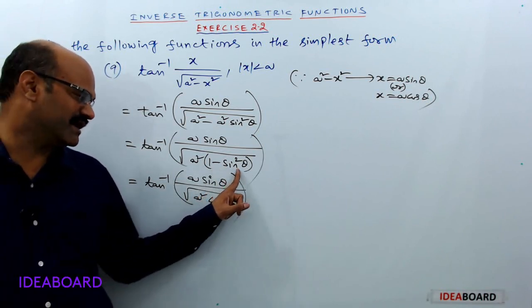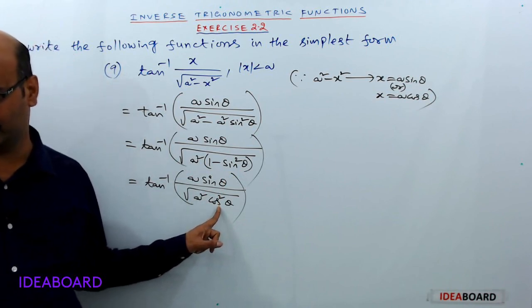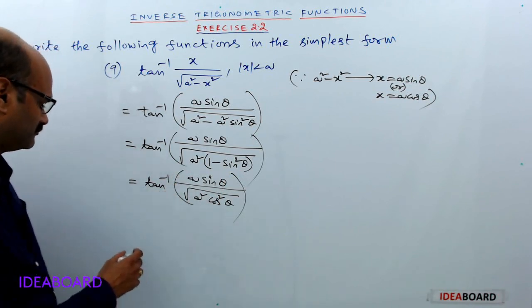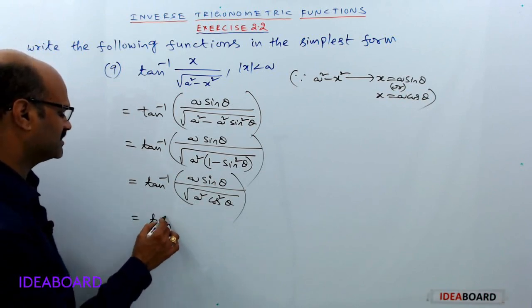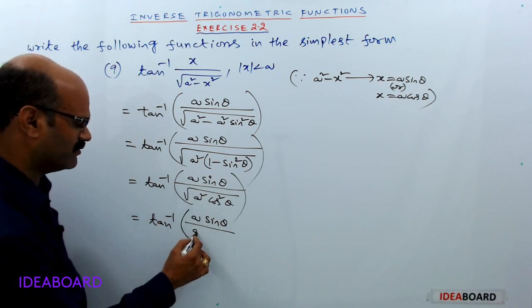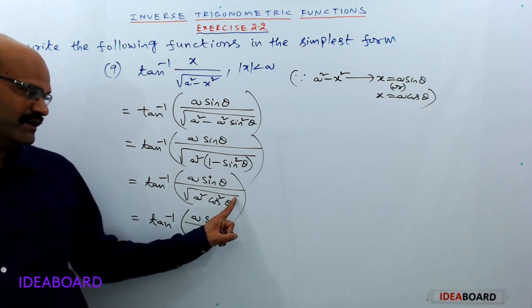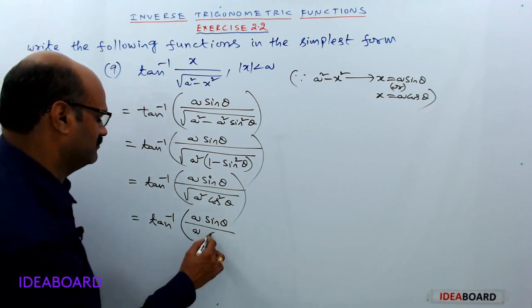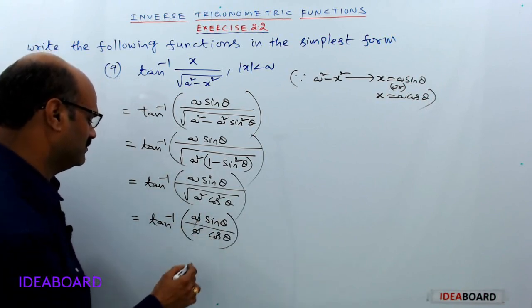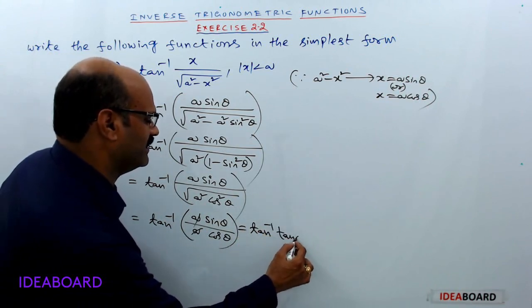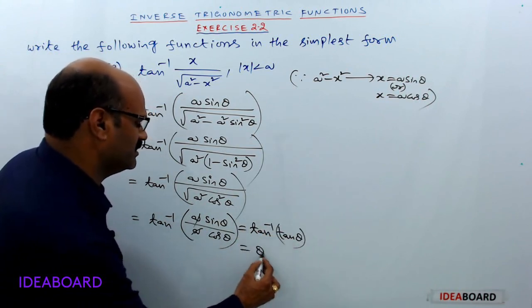Since 1 minus sin square theta equal to cos square theta, then it's equal to tan inverse of a sin theta upon root a square, which is a, square root of cos square theta equal to cos theta, then it becomes tan inverse of tan theta equal to theta.